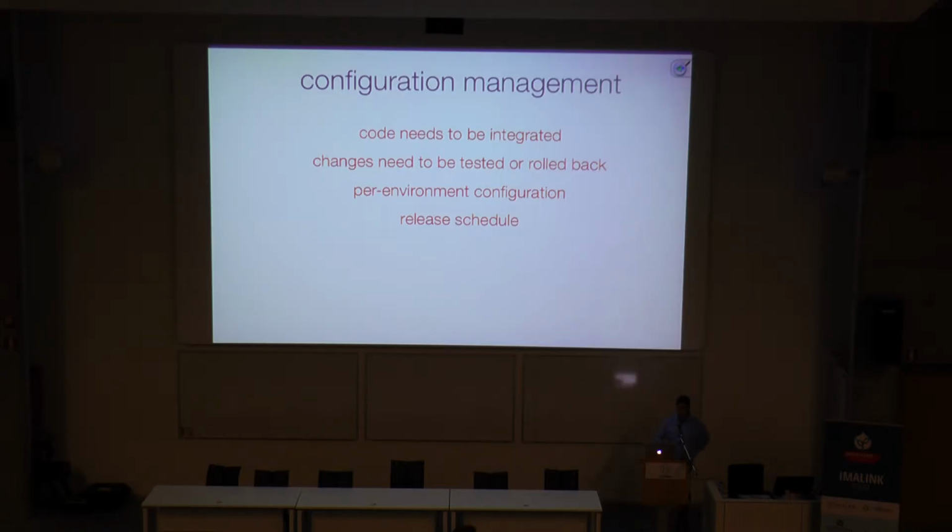When changes are made, you need to be able to roll them back easily. You need to be able to test them on different machines, on different environments. Maybe you want a configuration for every environment separately, so acceptance does not have the same Google API ID or Google Analytics key as production. And there's probably a release schedule.